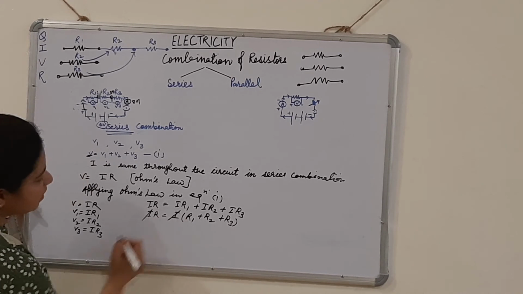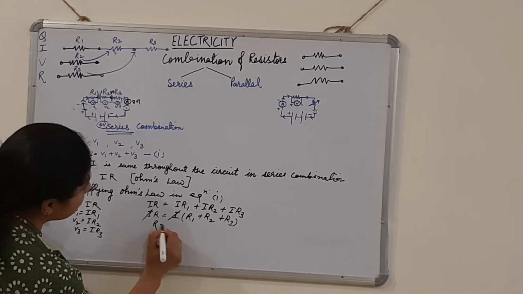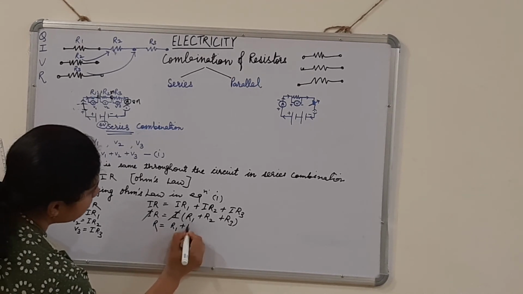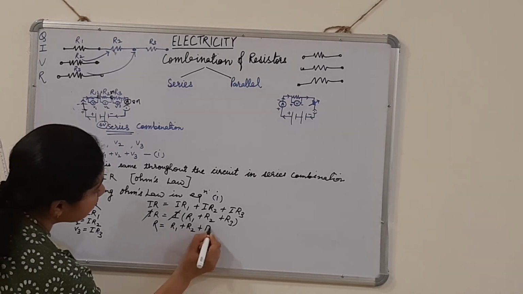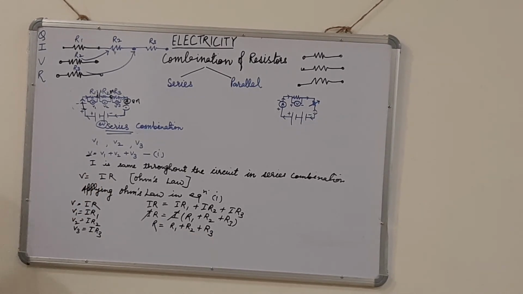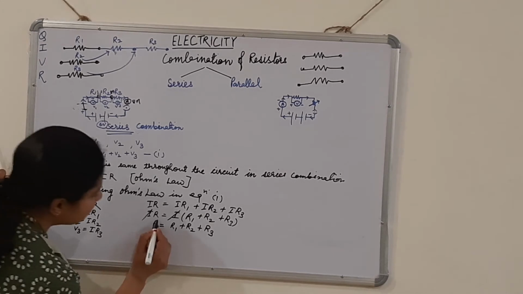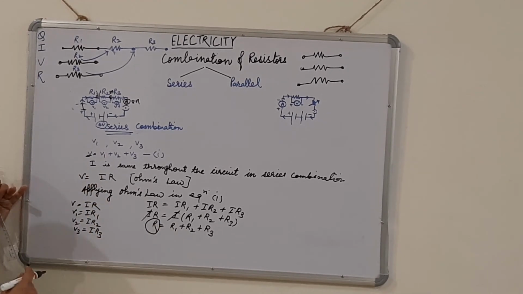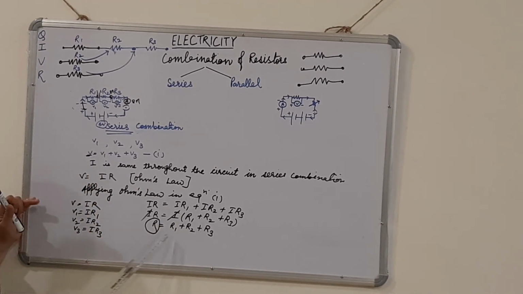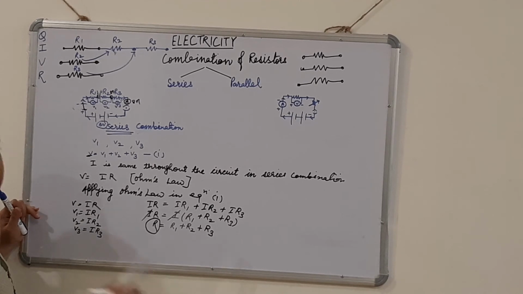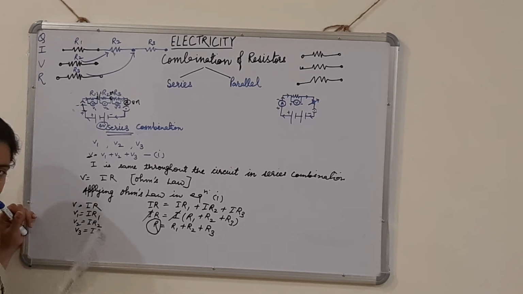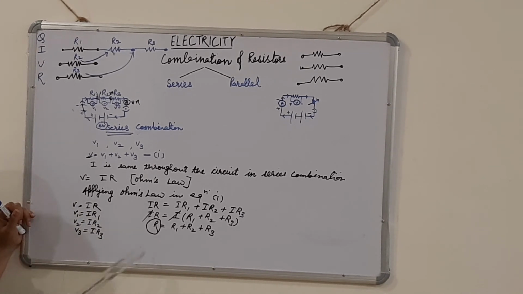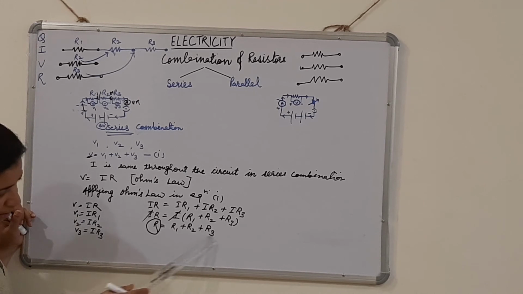Now let me cancel this I. That is, R is equal to R1 plus R2 plus R3. That means in series combination, the resultant resistance is equal to the sum of the individual resistors. I'll repeat, children, in series combination, the resultant resistance is equal to the sum of the individual resistors.